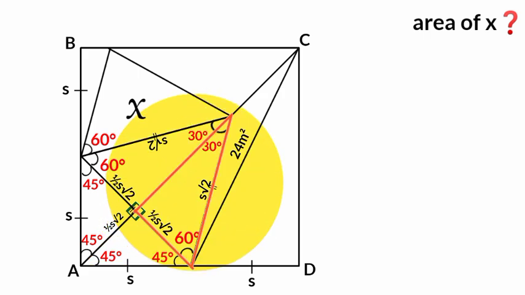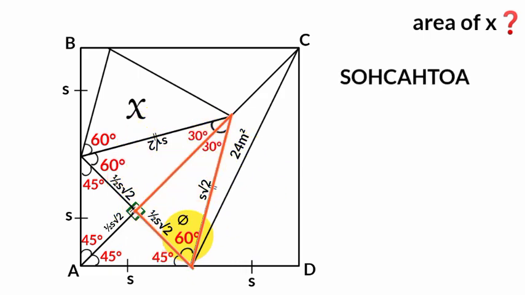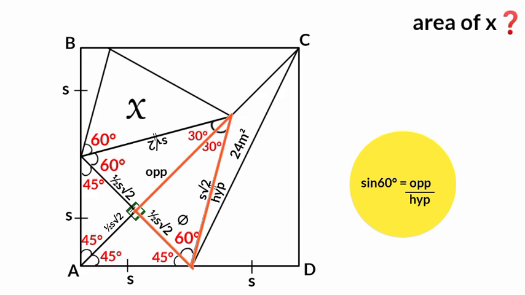From this triangle here, since it is a right angle triangle, we can use SOHCAHTOA. Taking this as theta, this is opposite and this is the hypotenuse. From here, sin theta equal to opposite over hypotenuse. Theta is 60 degrees, hypotenuse is S root 2. So sin 60 degrees equal to opposite over S root 2.